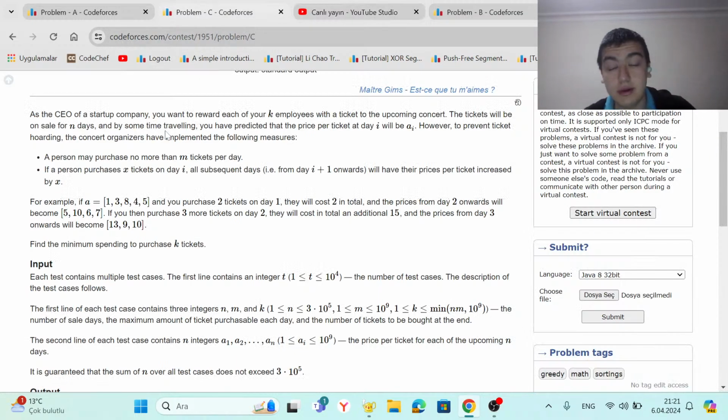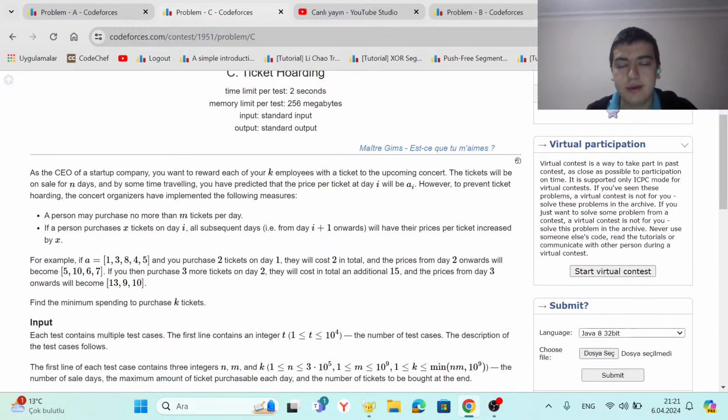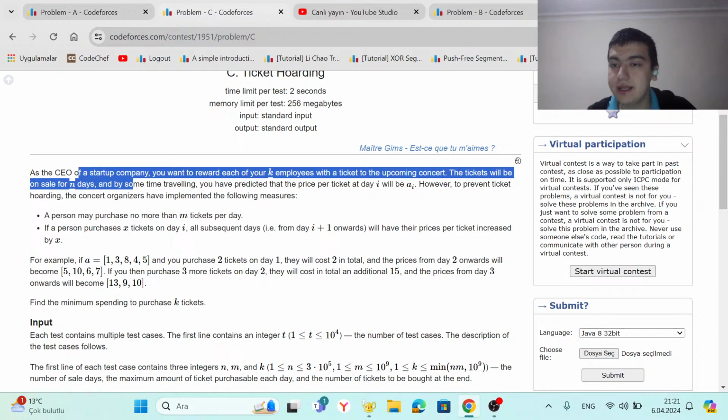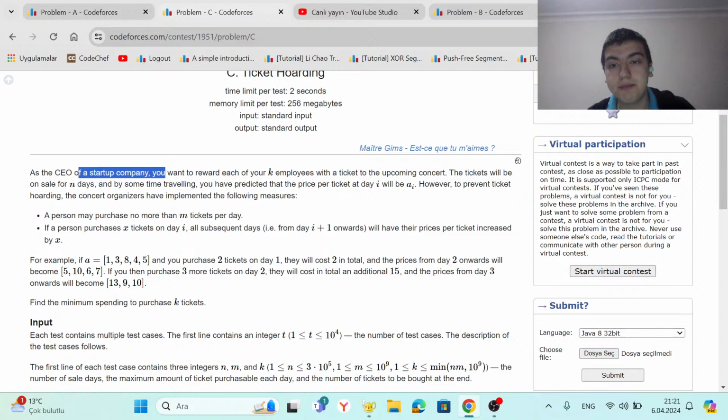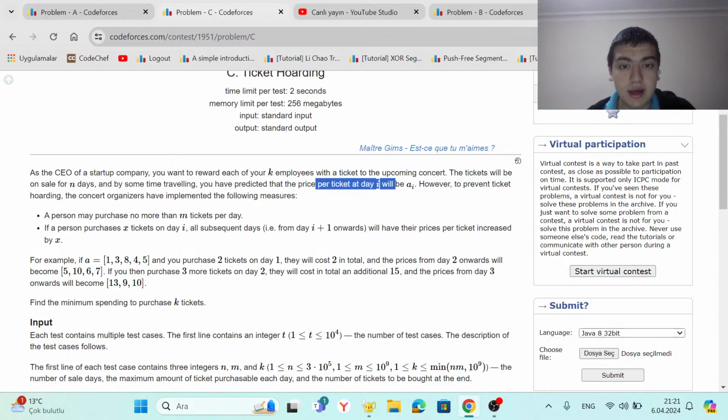So I will continue with problem C. Okay, let's read what it says. You want to reward each of your K employees, so you should buy a ticket for all of them. You have N days, and the price of the ticket on the ith day will be A[i]. However, there are some rules.